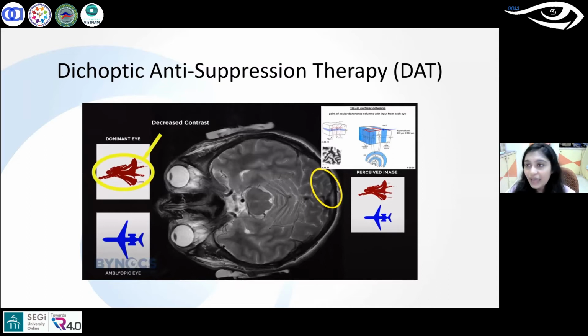The dominant eye gets a contrast adjusted stimulus, that is, the contrast of the dominant eye is decreased. What we have seen is that when the therapy is given in this method, the inhibitory interactions and suppression in the dominance column is reduced. Thereby, the binocular vision of the patient is improved.